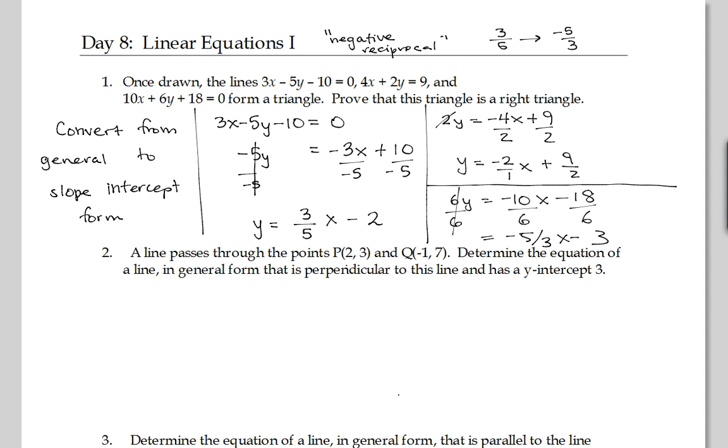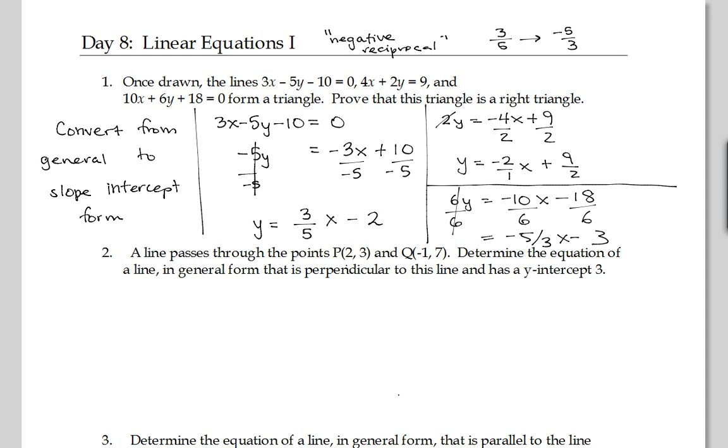Okay? So just be careful for you, if you're going to do a shortcut, you have to be careful about your sign. When 10 goes across, it becomes negative, and then you divide by 6. Okay, you guys okay on the first one? Okay, so let's read the second one together, and I'll give you a strategy.